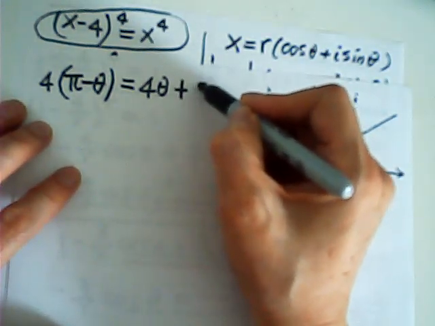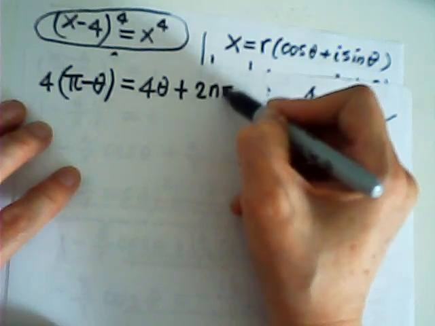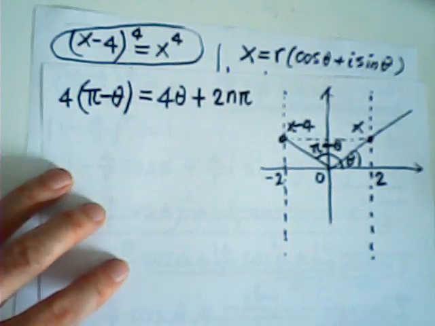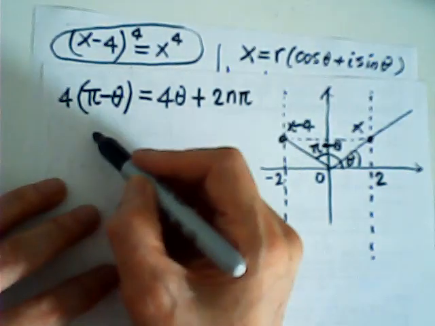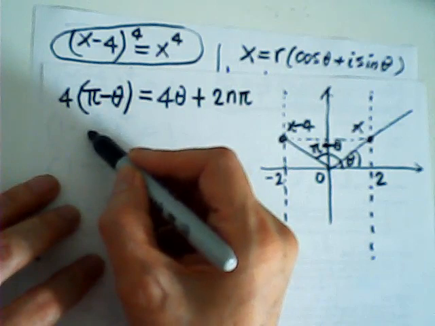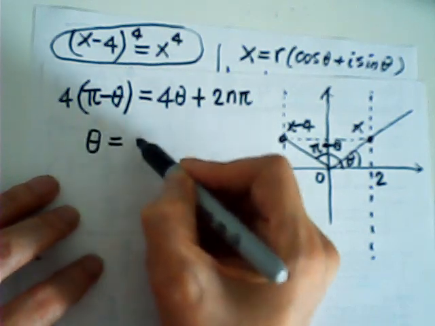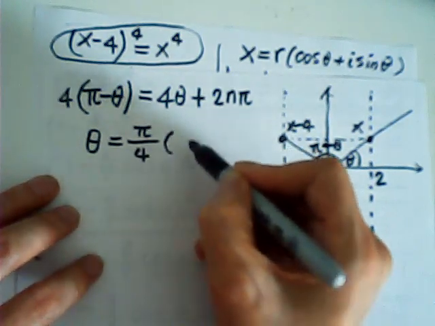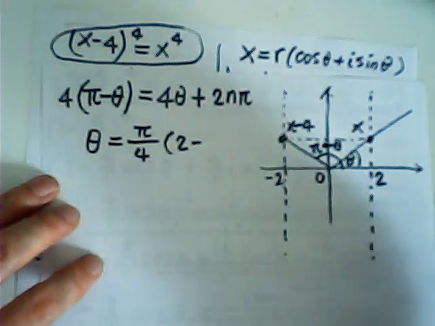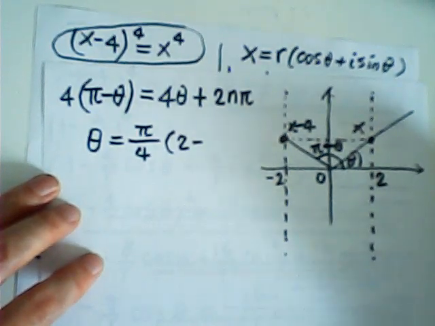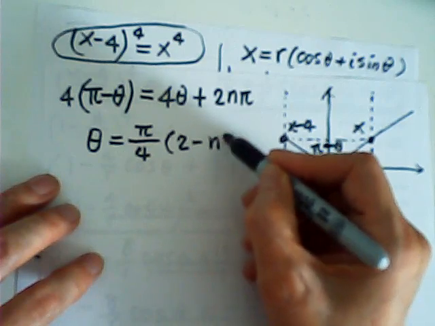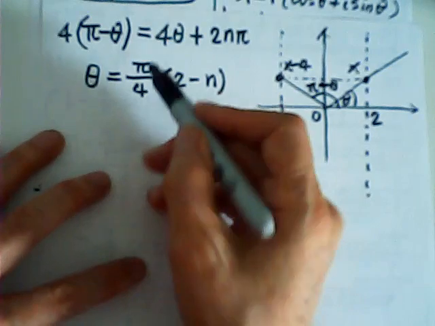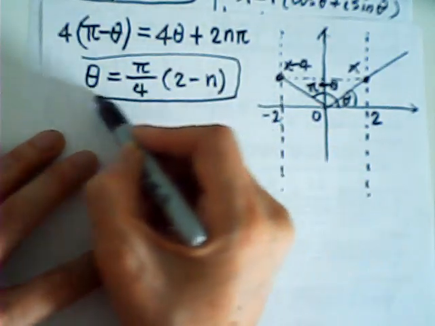So plus or minus 2n pi, where n is an integer. And from which we can find theta, right? Theta is equal to pi over 4 and 2 minus n, right? Okay. So we found theta.